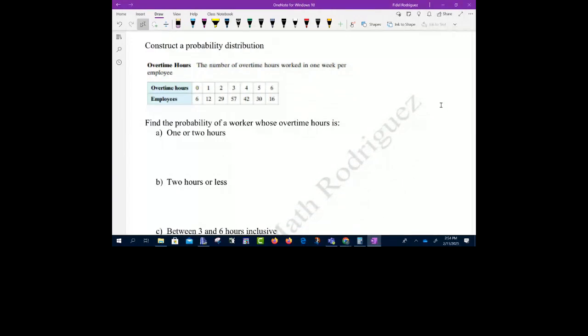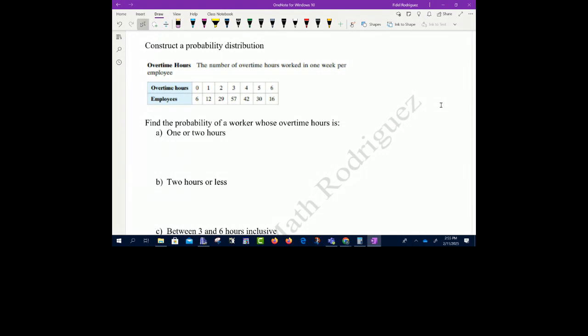Okay, so let's take a look here, y'all. We're going to make our probability distribution, and then we're going to start finding some probabilities, just like the way we did in the first problem. So what do we have here? Overtime hours. The number of overtime hours worked in a particular week per employee.